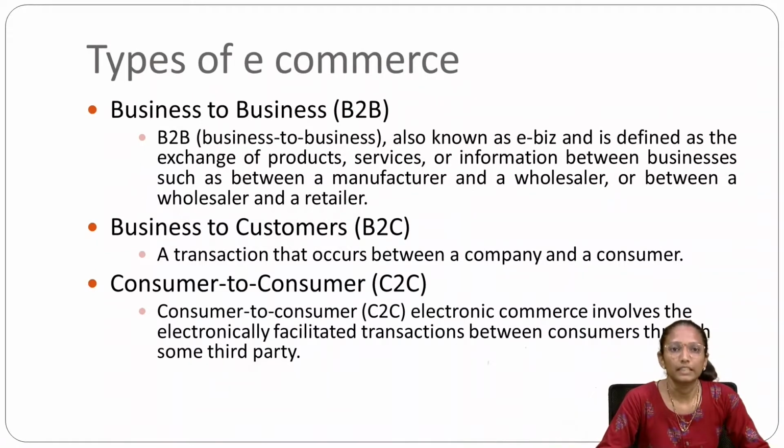Business to business. Business to business on the internet, B2B, also known as e-biz, is defined as the exchange of products, services or information between businesses, such as between a manufacturer and a wholesaler, or between a wholesaler and a retailer.